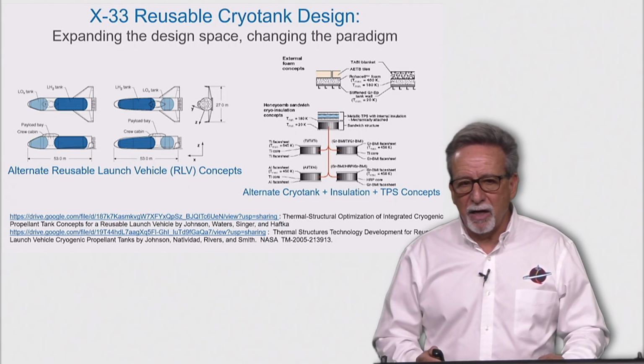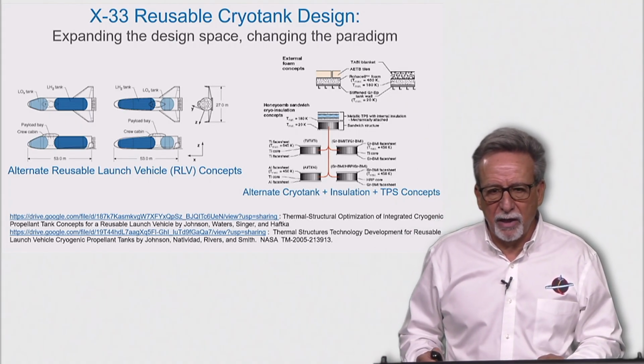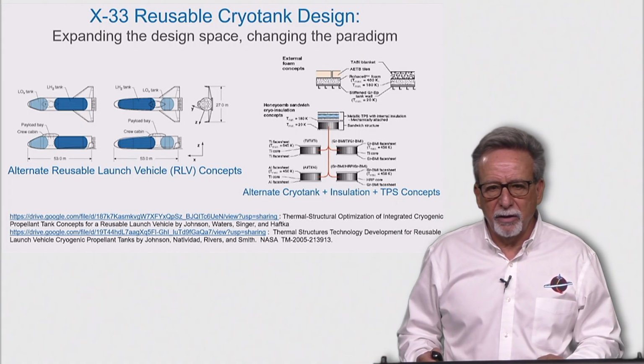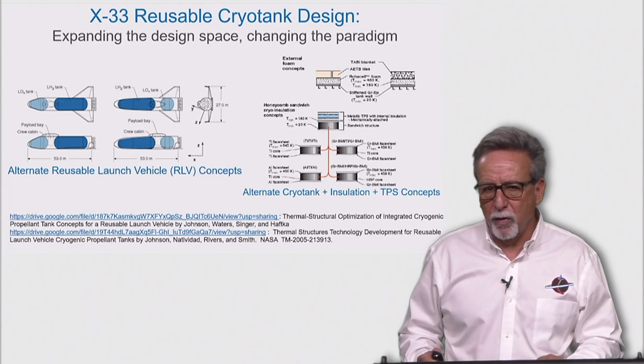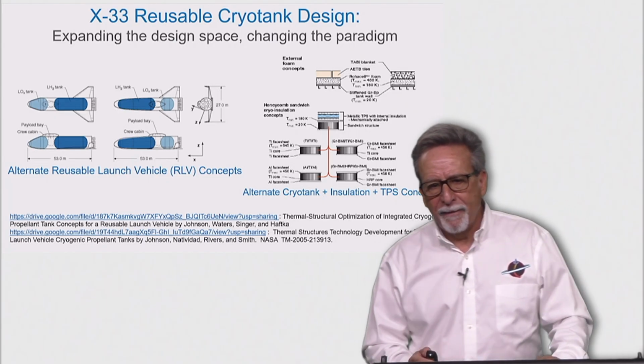The next lightest concept was an all-titanium evacuated honeycomb core sandwich tank with a mechanically attached superalloy TPS, which was 17.8 kilograms per meter squared, only 1.8 kilograms per meter squared heavier.